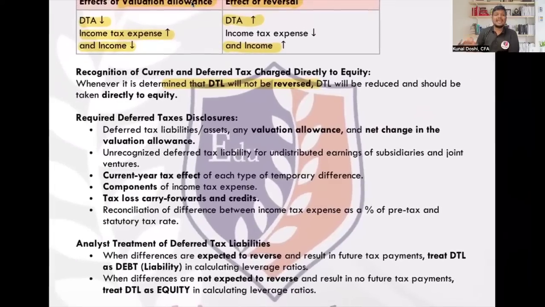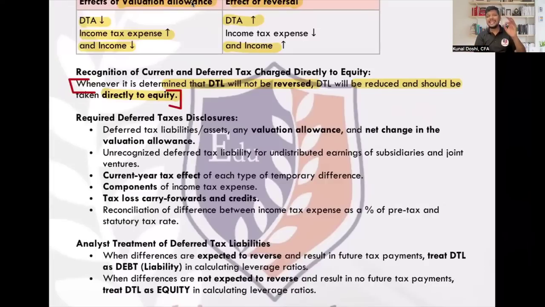So if DTL is not expected to reverse, what am I supposed to do? You have to treat that DTL as equity. Means the DTL will be reduced and should be taken directly to equity. Why equity? Because there was a liability which I had to pay, but now I don't have to pay anymore. So this amount is taken into equity.